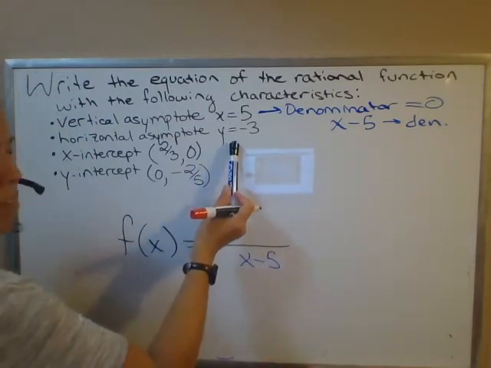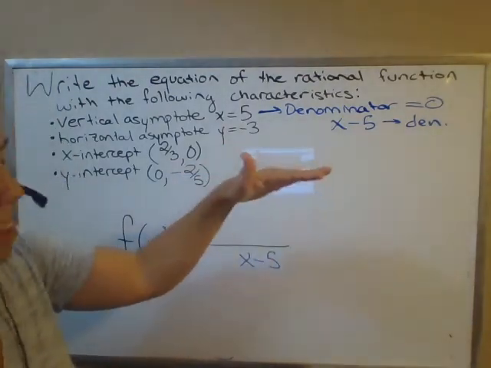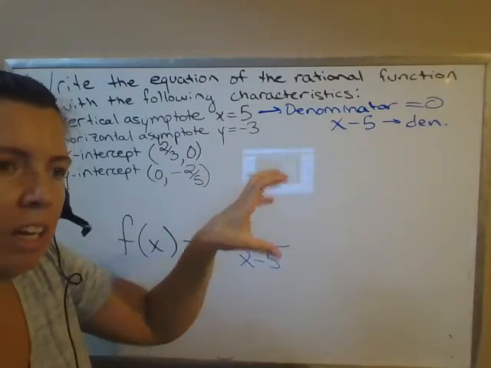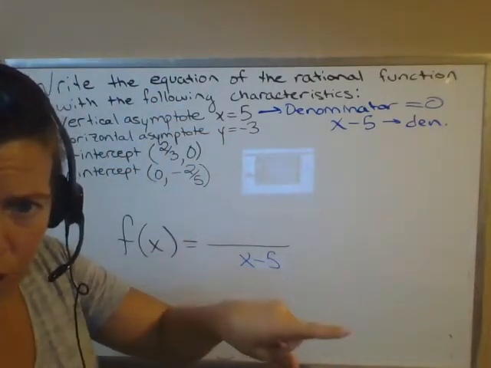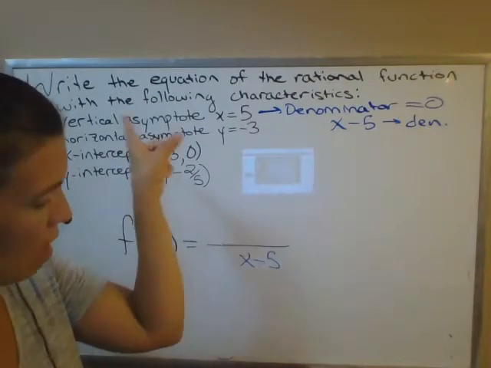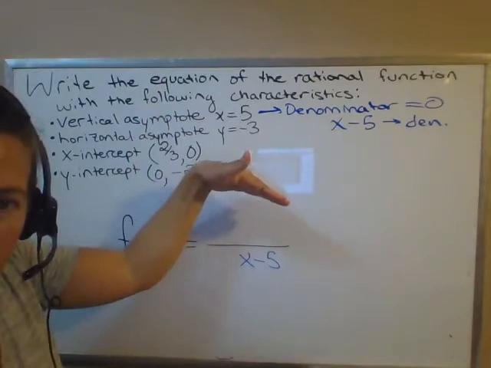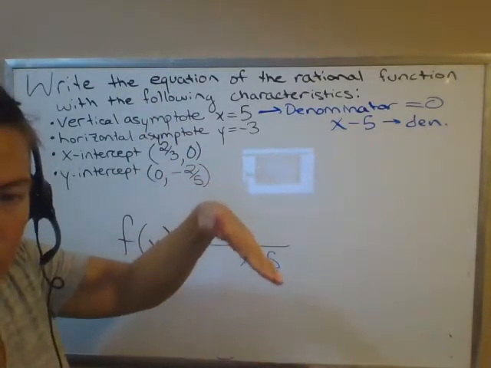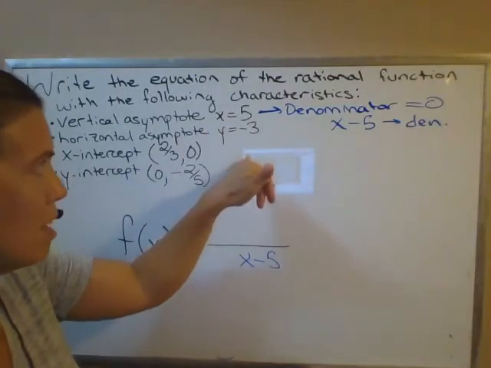Horizontal asymptote, if you remember, there were these rules about horizontal asymptotes. When you're looking at an equation, if there's a higher degree in the denominator on the bottom, then the horizontal asymptote is y equals 0. That's not what we're talking about here. If there's a higher power on top, then you don't have a horizontal asymptote. You have a slant or oblique asymptote, and that's not what we're talking about here.